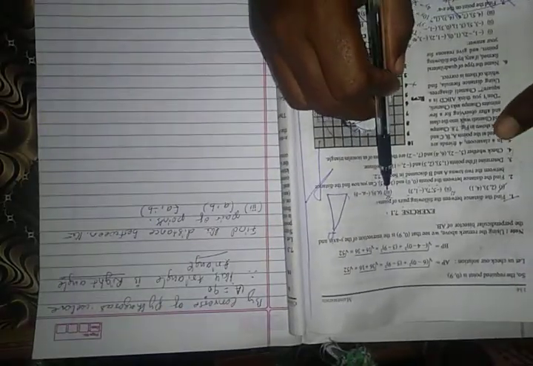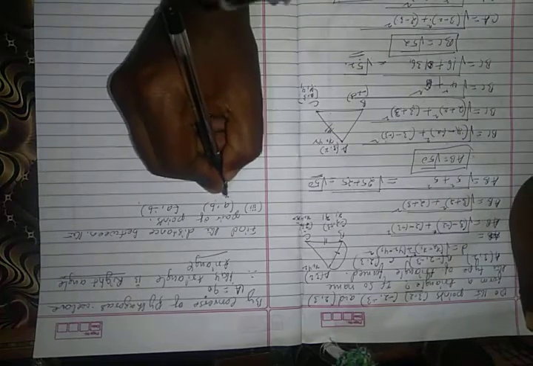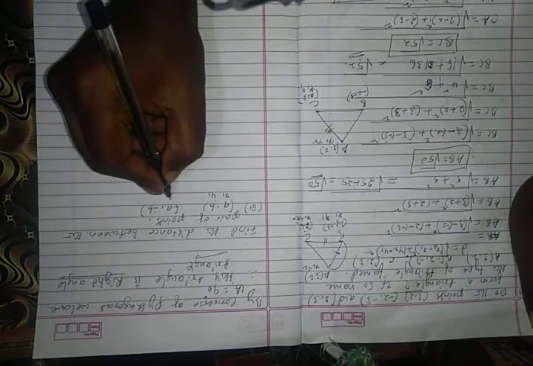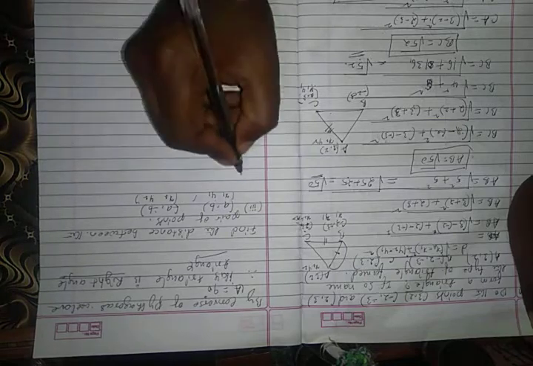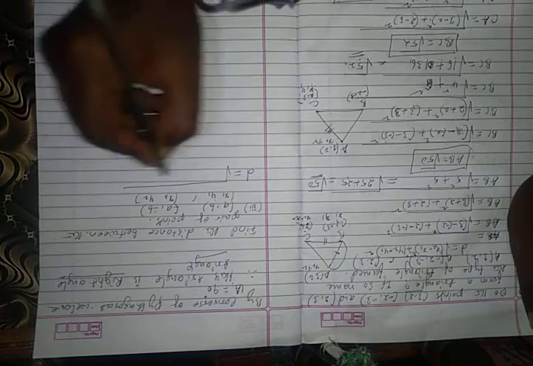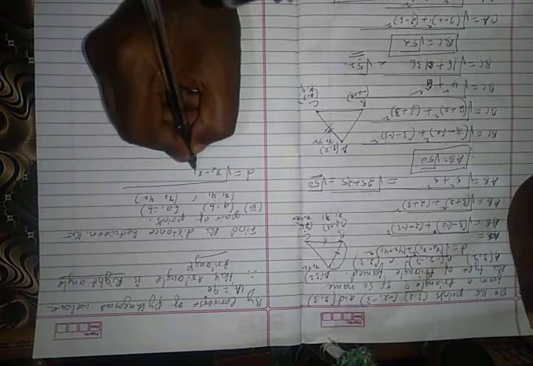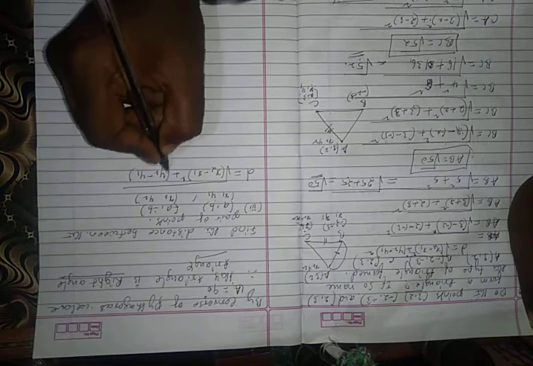This is very important. Children, I am going to solve exercise 7.1, the third problem. What are a, b and minus a, minus b? Let us see. I am going to take a as x1 and b as y1, minus a as x2 and minus b as y2. By using the distance formula, d is equal to the square root of (x2 minus x1) whole square plus (y2 minus y1) whole square.